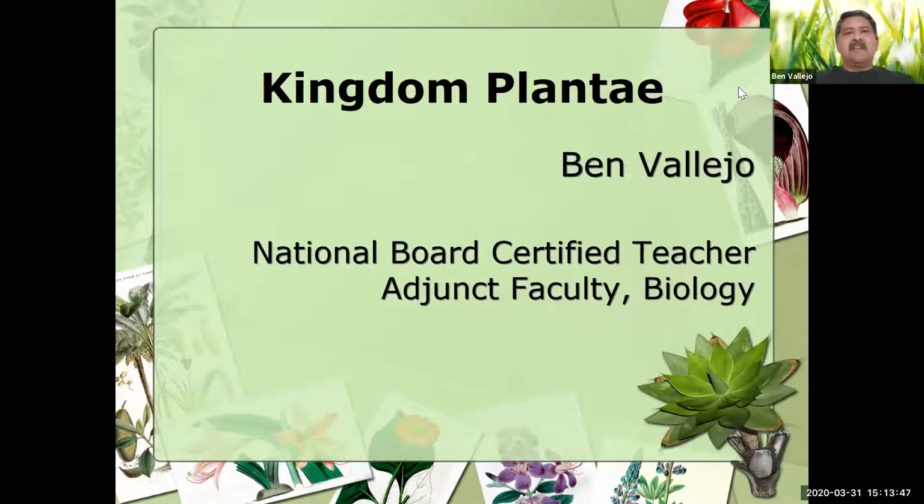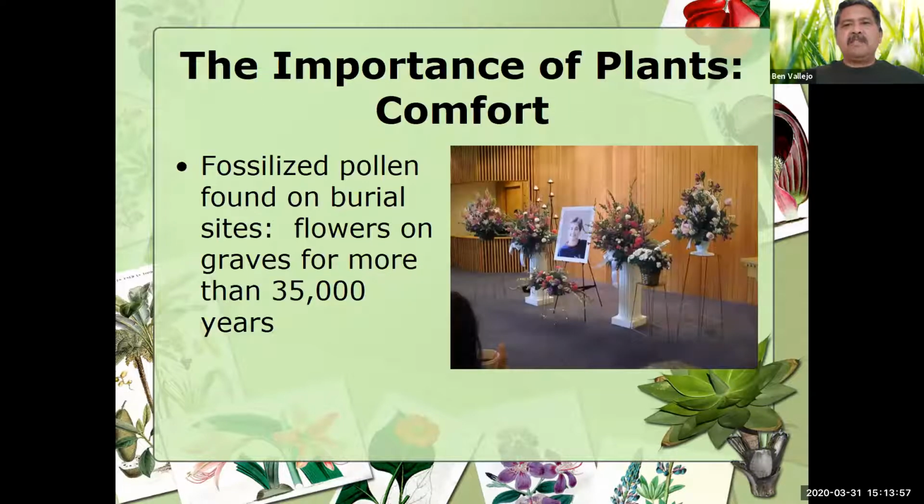And now we'll take a look at the kingdom Plantae, the classification of the plants. Before we look at how they're classified, we'll look at some interesting things about plants.